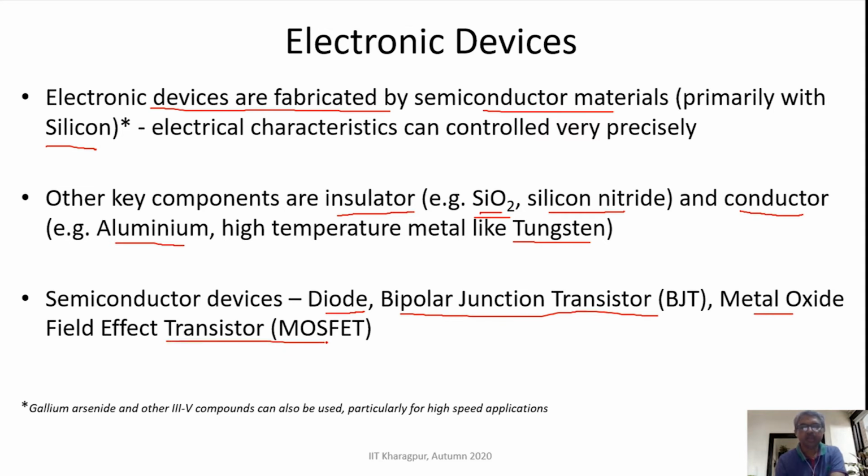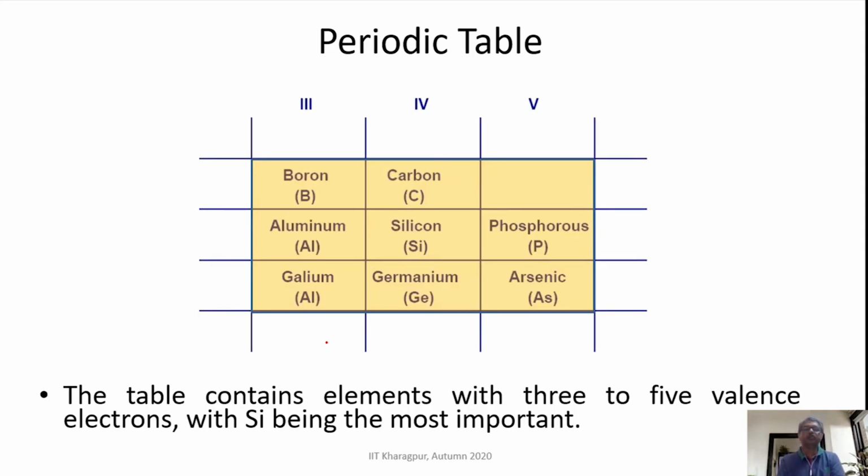Now, if we look at the periodic table, silicon is basically a group 4 element. So it has 4 electrons at the outermost shell. The table also contains phosphorus, which is a group 5 element, and arsenic, and there is boron, aluminium, gallium, and so on.